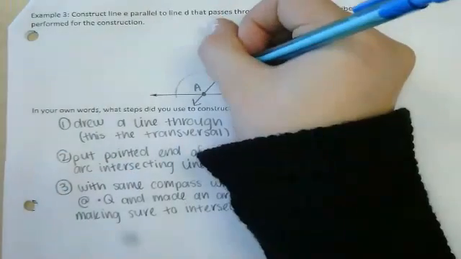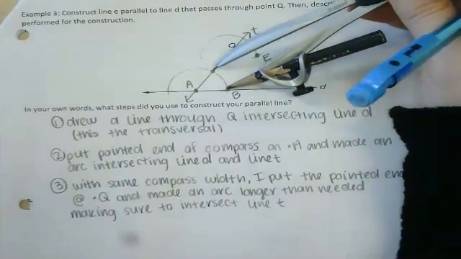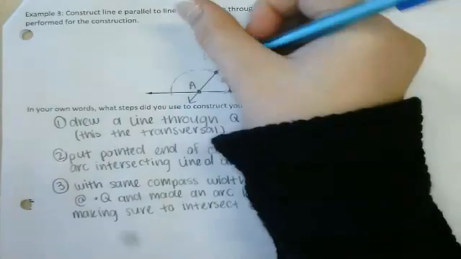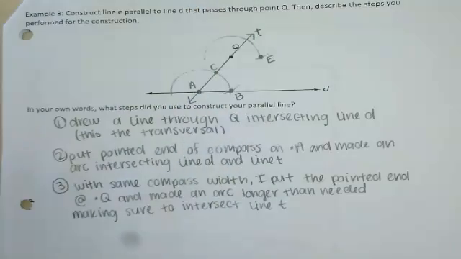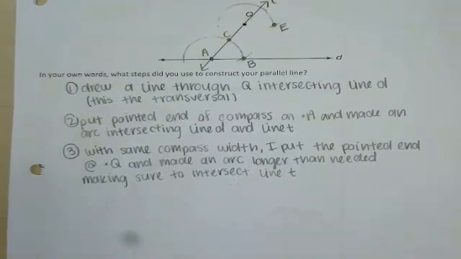Okay, and if you want, you can always give yourself a name for where we started when we drew this arc. We can name that one point C. So that way, whenever we're explaining down here, we can say where we put our compass to start.